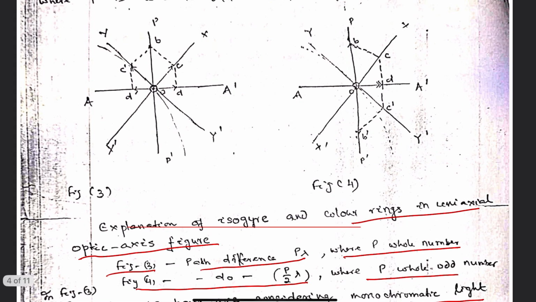This is the PP plane. Light is coming from the polarizer with amplitude OB.